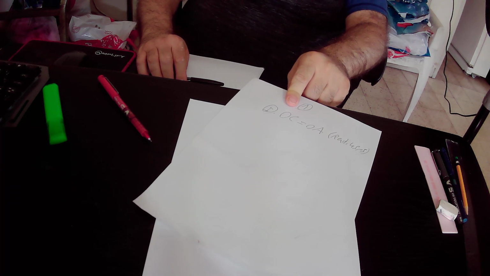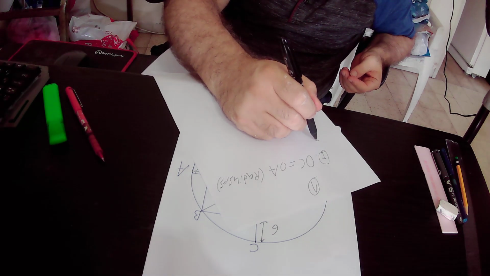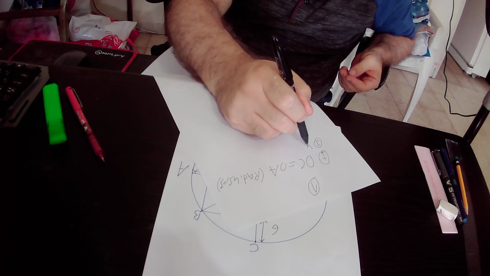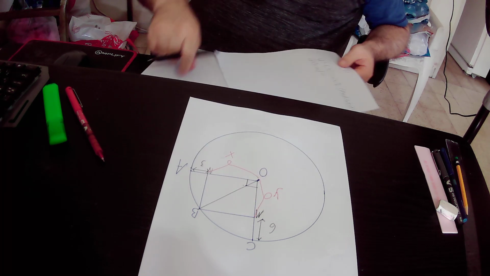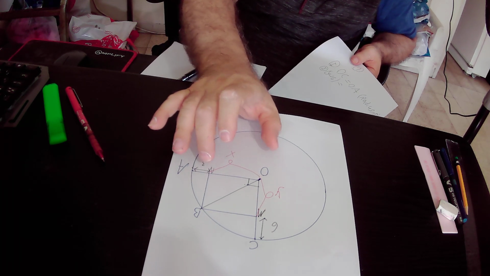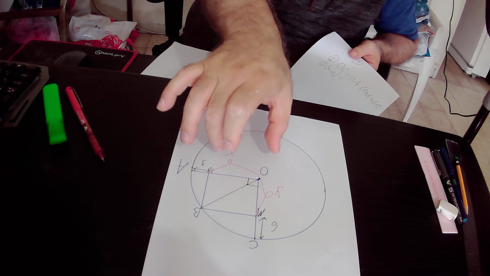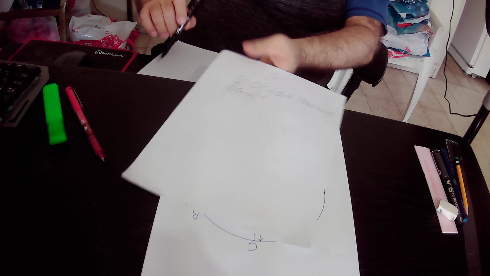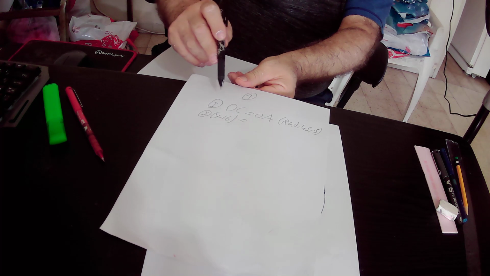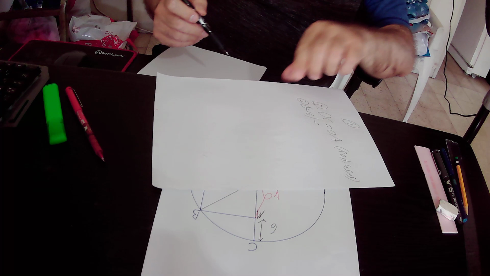And OA is the radius of this circle, but it is also equal to x plus 3. OA equals x plus 3. So we can substitute OA in the first equation by x plus 3.